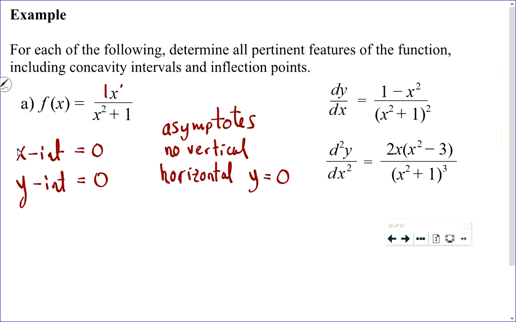If you choose to, and I'm just being a little lazy here, divide everything by x squared and then look at the behavior of that at infinity, the top of this will be 1 over x, which becomes 0 at infinity. The bottom will become 1 plus 1 over x squared, which becomes 1 plus 0 at infinity. You get 0 over 1.